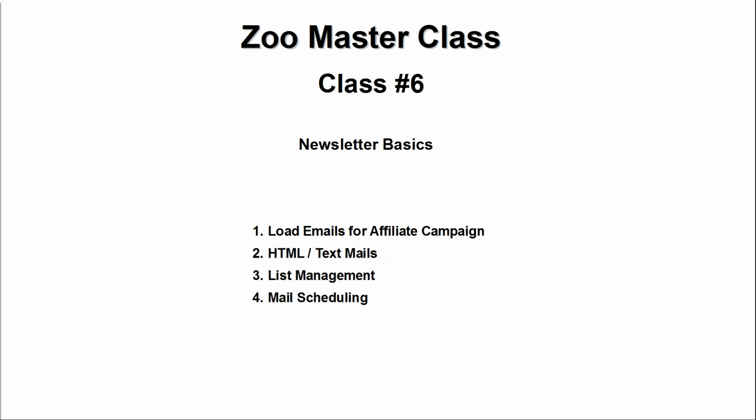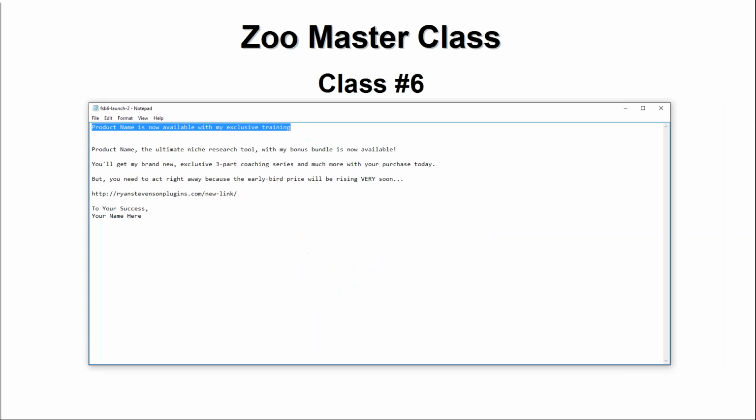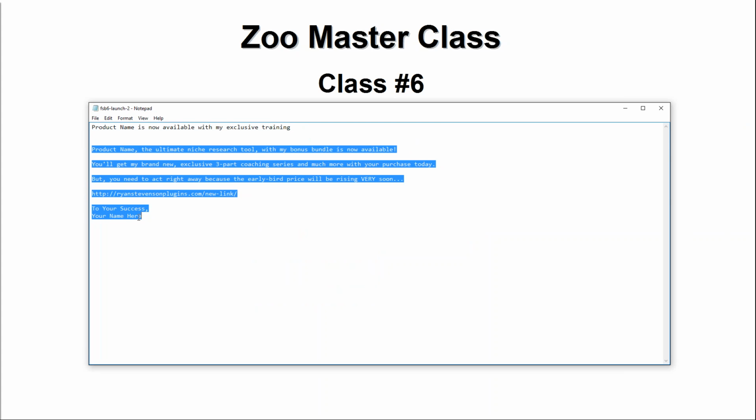So now, it's really a question of, once we have all of these emails put together, we have a plan for our email campaign. We know all the different topics that we want for each of our emails. Then we actually put the emails together, writing out a subject for each email, and then writing out the email itself.